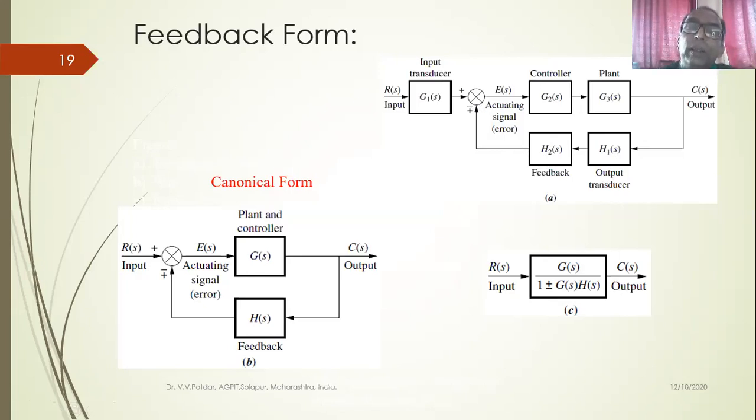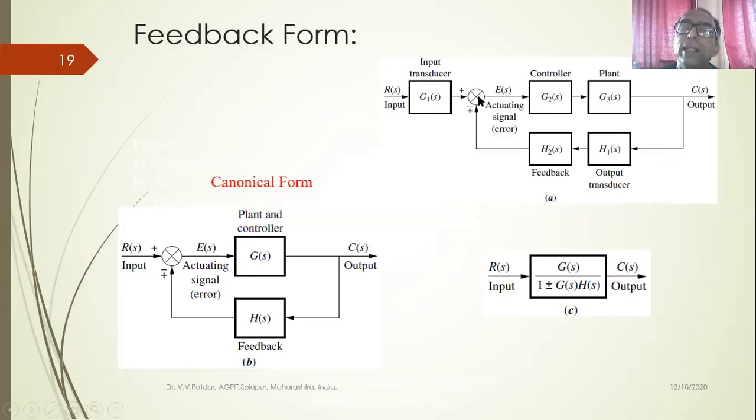This can be either negative feedback or positive feedback. So how does this feedback control system work? I have the reference input R(s) into G1(s) entering the summing point. I get the feedback, whatever is C(s) into H1(s) into H2(s), reaching here.